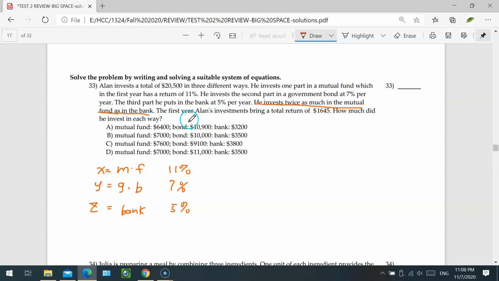Alright, so the first year, Alan's investment brings a total return of 1,645. How much did he invest in each way?